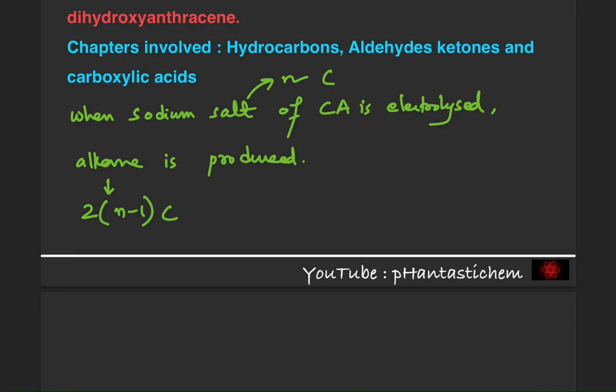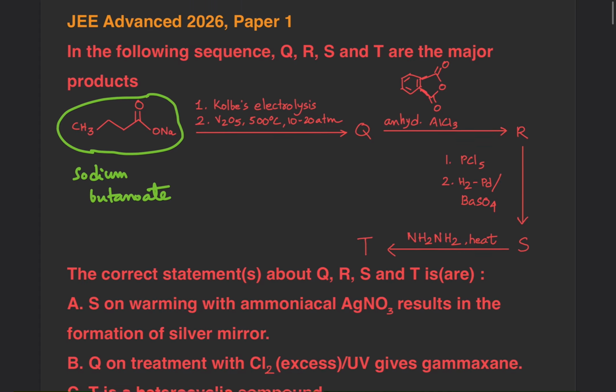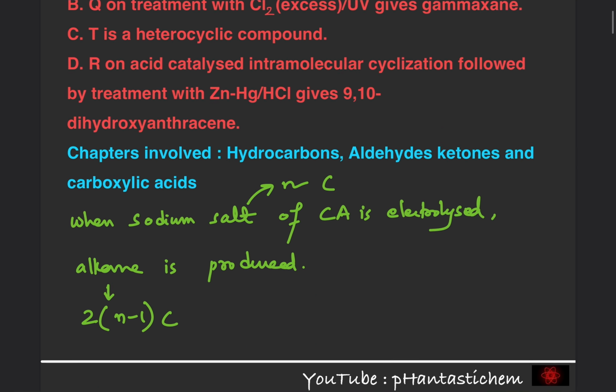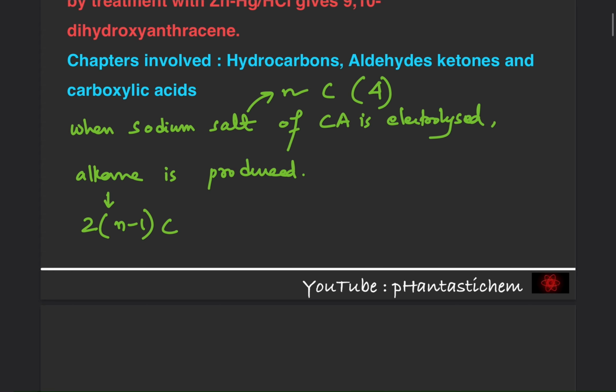Okay, so in our question, the starting sodium butanoate has 4 carbon atoms: 1, 2, 3, 4. Okay, so N will be equal to 4 here. So therefore, the alkane will have 2 into 4 minus 1, that is 2 into 3, which is 6 carbon atoms.